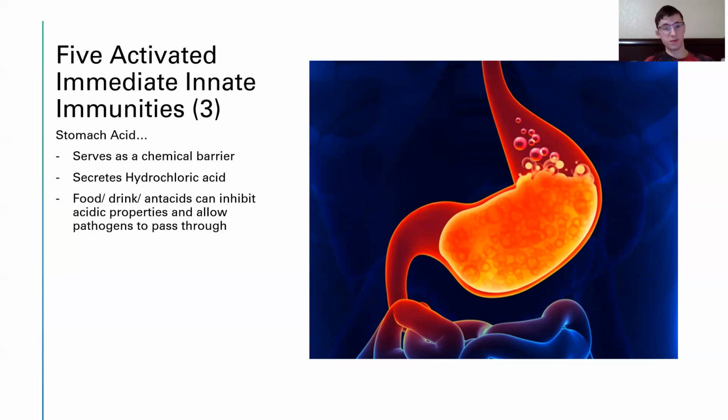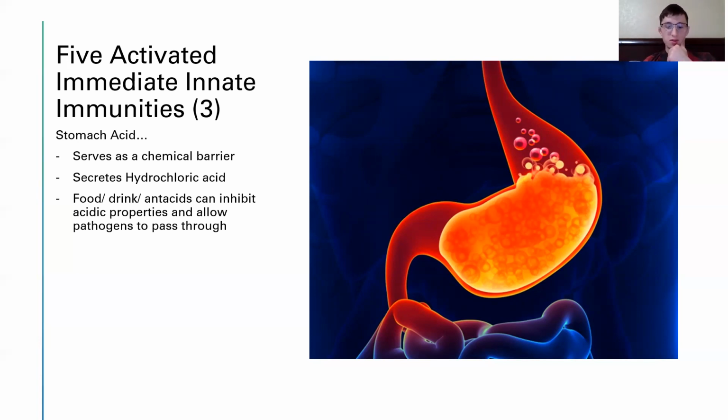So some pathogens get past the stomach and don't die because of hydrochloric acid. So not every immune response is perfect. That's why there's one immune response and then another one kicks in, another one kicks in.